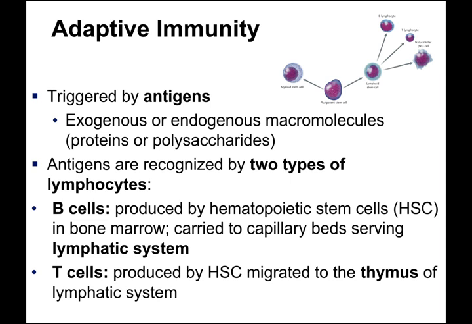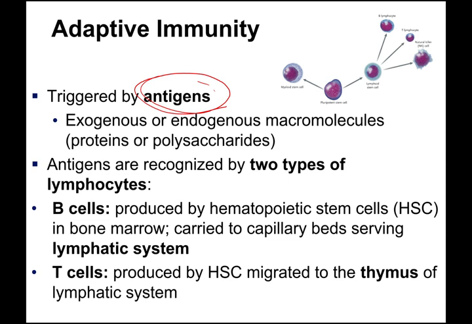It's triggered by the specific presence of certain molecules, which we call antigens, and then they lead to the formation of memory. So the event will be remembered for the future so that a response could happen again, with a higher degree of response, in case the same pathogen enters.